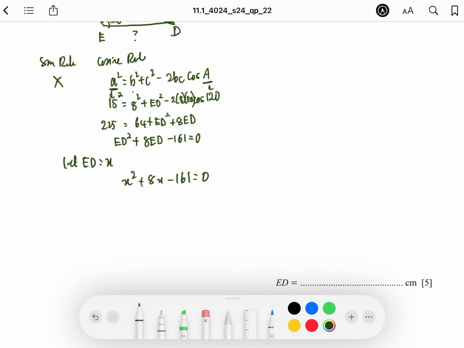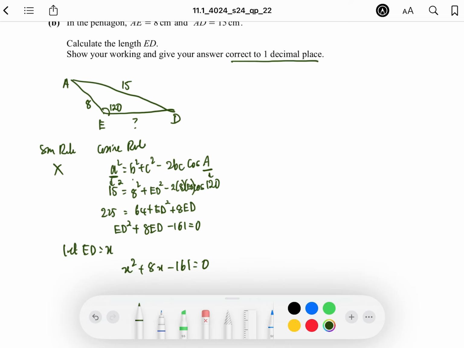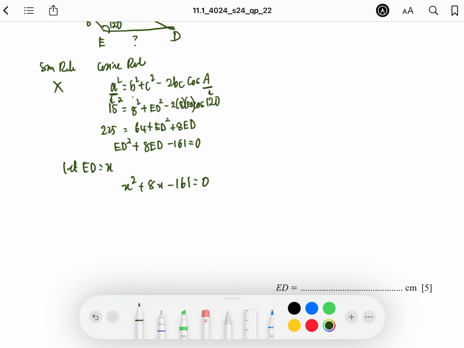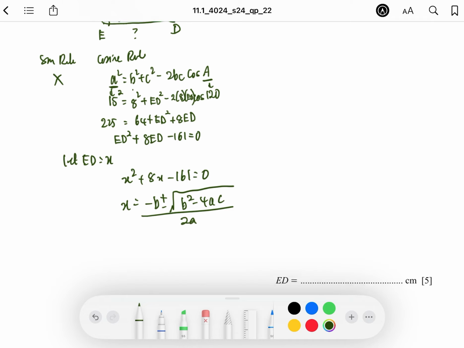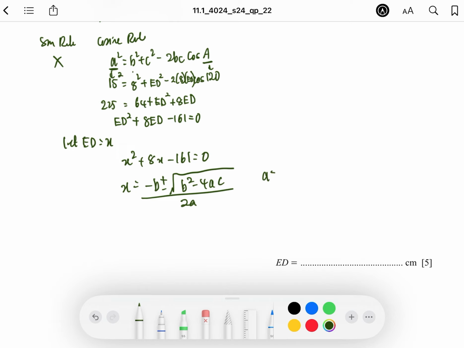Definitely this one is using the quadratic formula because it's correct to one decimal place. So x is equal to minus b plus or minus square root of b squared minus 4ac over 2a. This is the formula that you need to memorize. A is equal to 1, b is equal to 8, c is equal to minus 161.